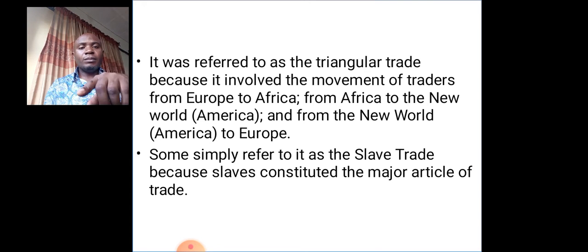I'm going to show you that on the map. So some simply refer to it as the slave trade because slaves constituted the majority or the major article of trade. So I think we can now actually define what the transatlantic slave trade was all about based on the various definitions given here.